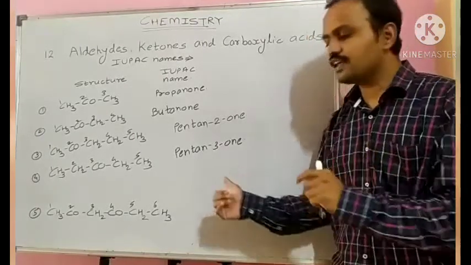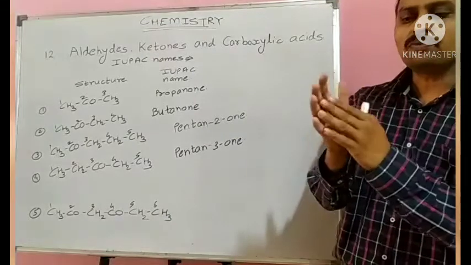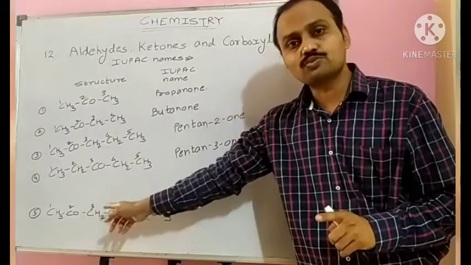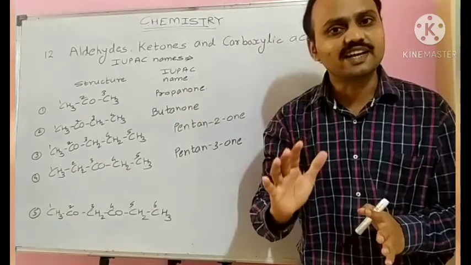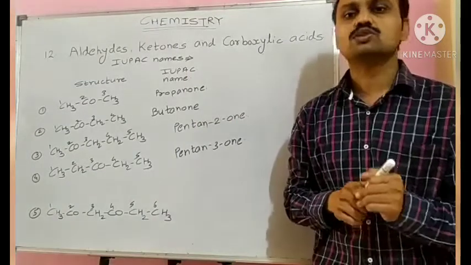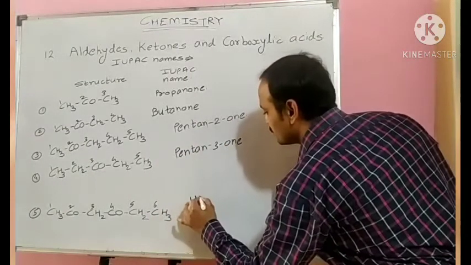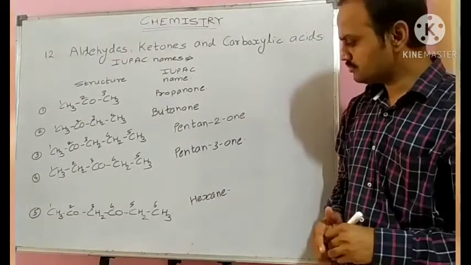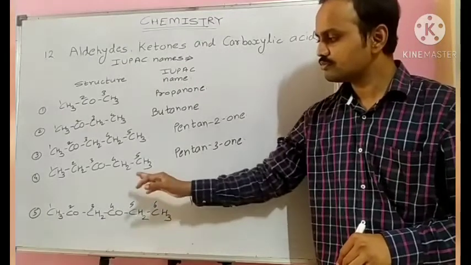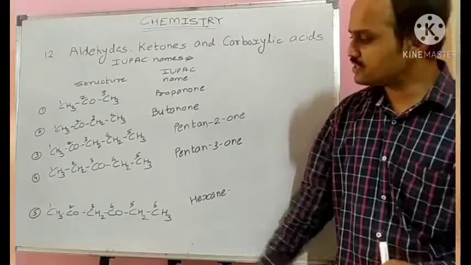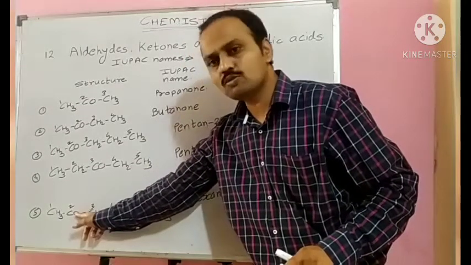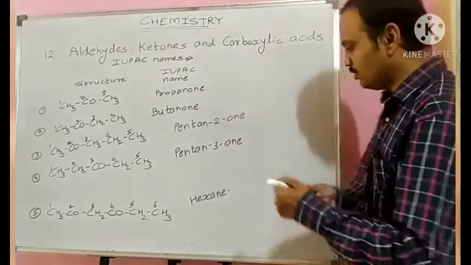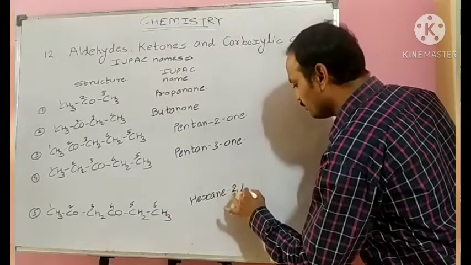While writing the name of this structure, complete spelling of hexane will be written, because when two ketonic groups are present, last E is retained from the name of parent hydrocarbon. So I will write hexane complete. Then position of ketonic functional groups. On second carbon atom there is a C double bond O, and on fourth carbon atom there is a C double bond O. Therefore 2, 4.